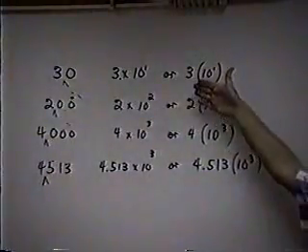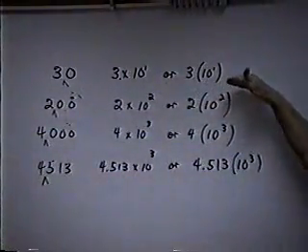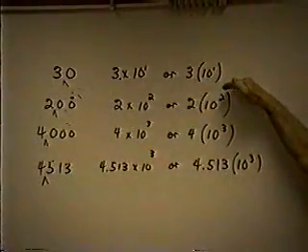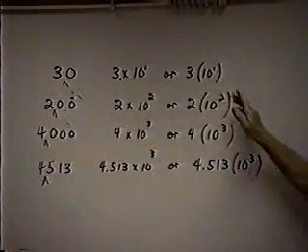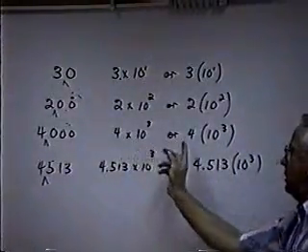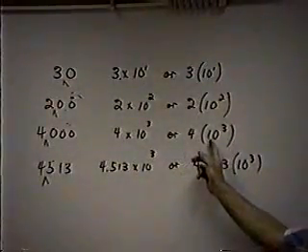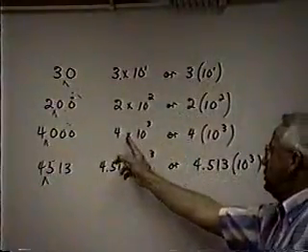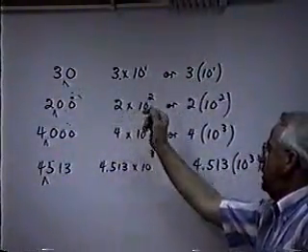Well, what I have written here is the way they write it in the tests and examples and books and stuff. So I want you to see that this is the same thing. This means 4 times 10 to the third, 2 times 10 to the second, 3 times, well, this is the same thing, 4 times, 2 times.